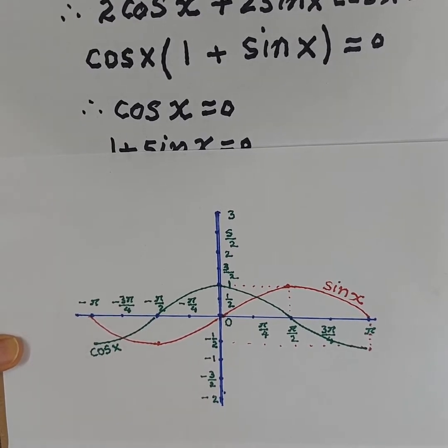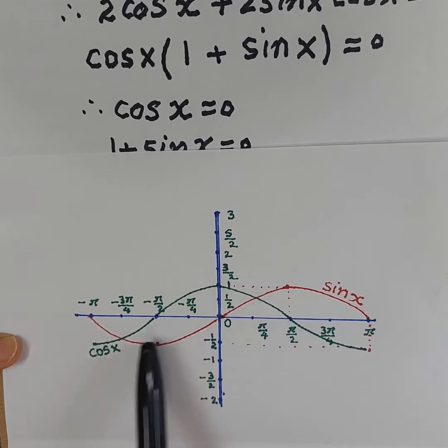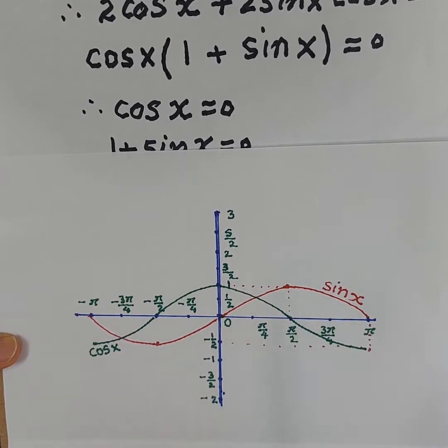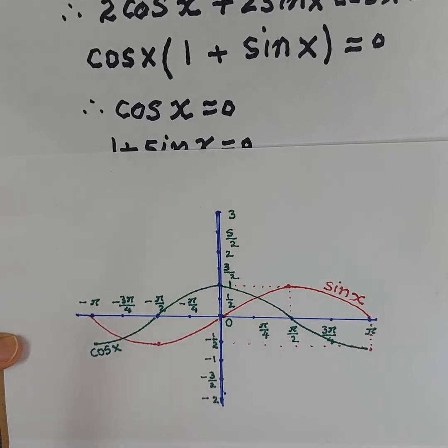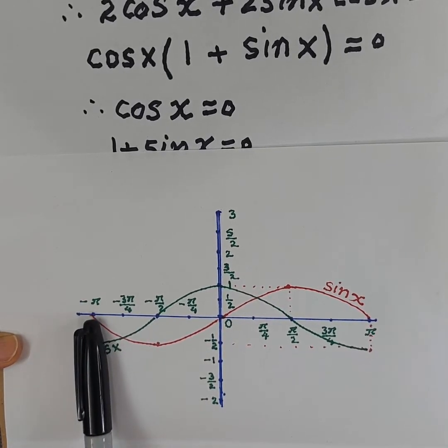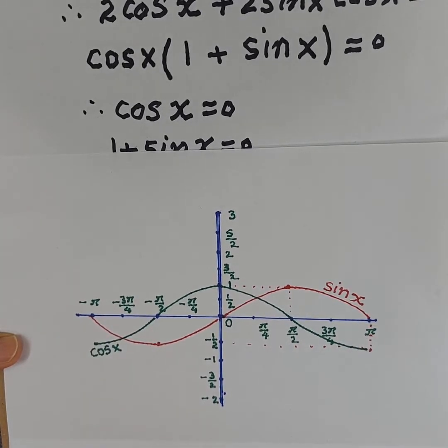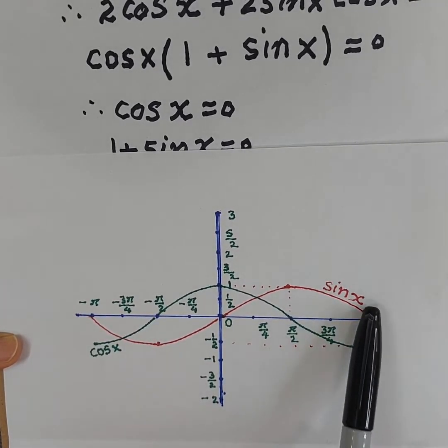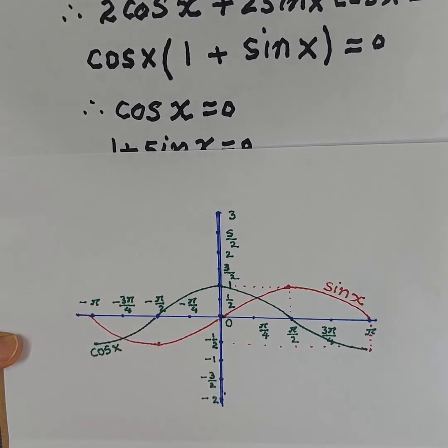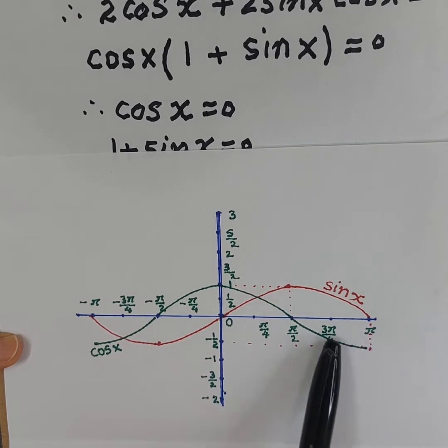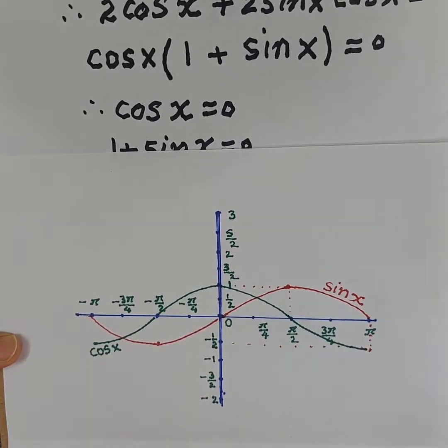We have in this graph, the red color shows the graph of sine in the interval, which is the domain of the function, from negative pi to plus pi. The red color refers to the sine x graph, and the green color refers to the cosine graph.